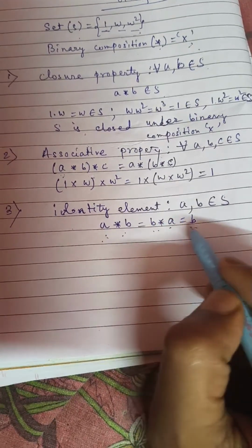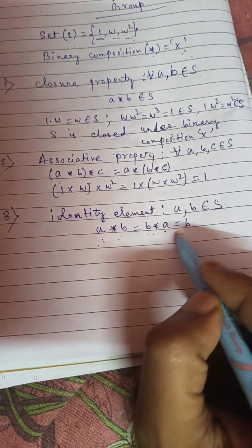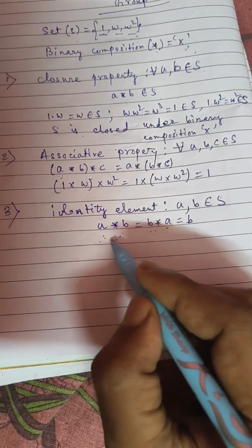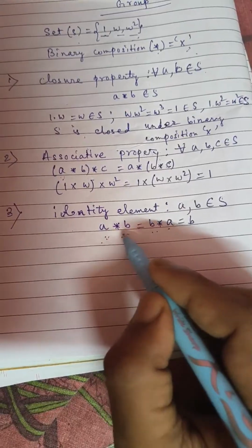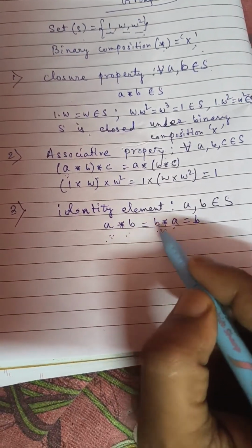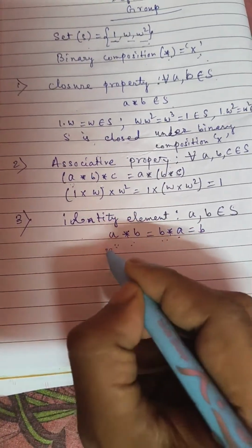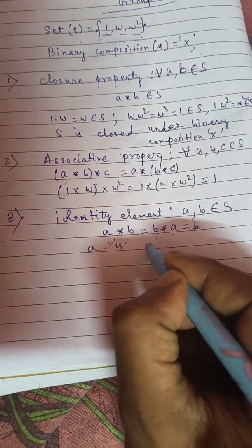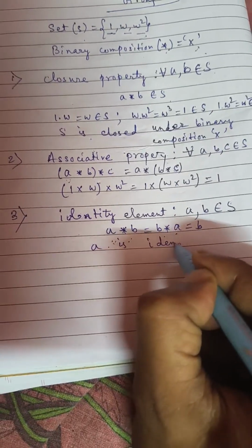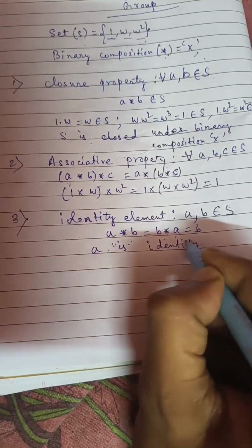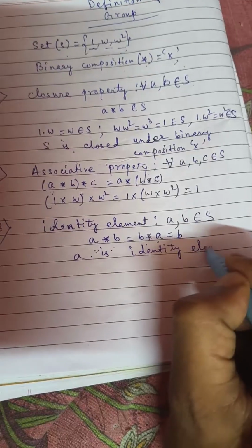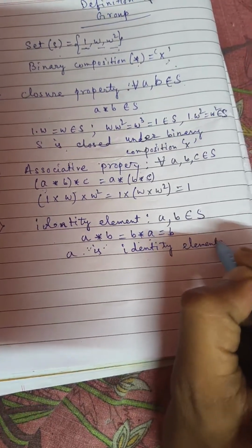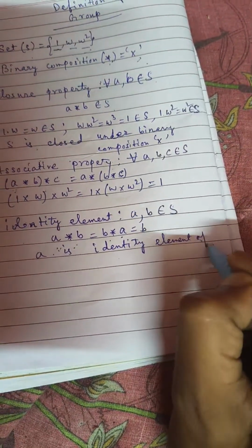If both are equal, then we simply say that A is the identity element of the set S.